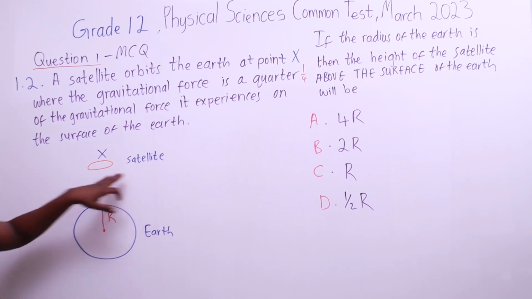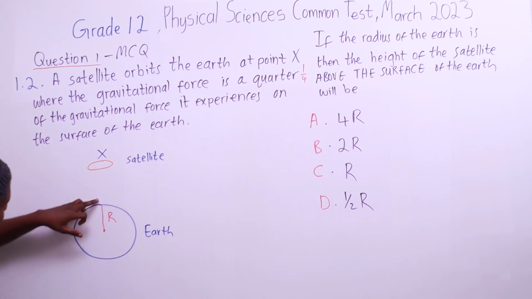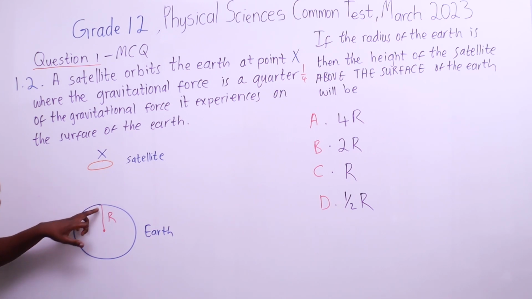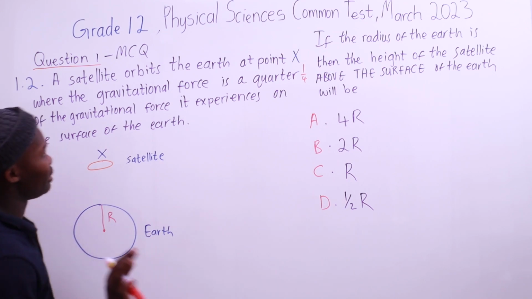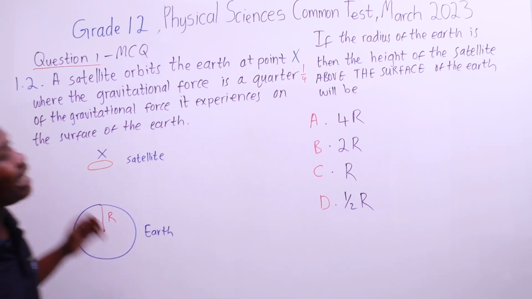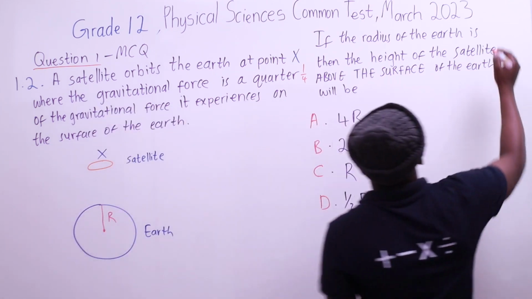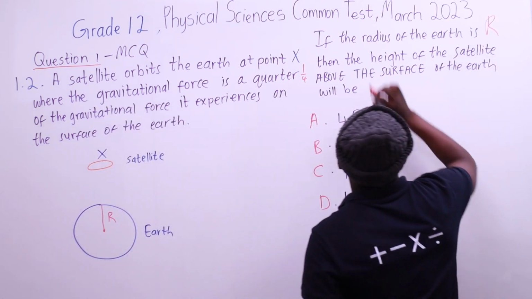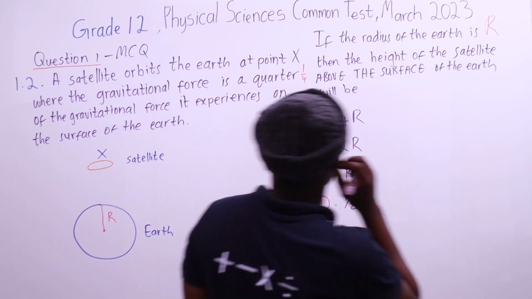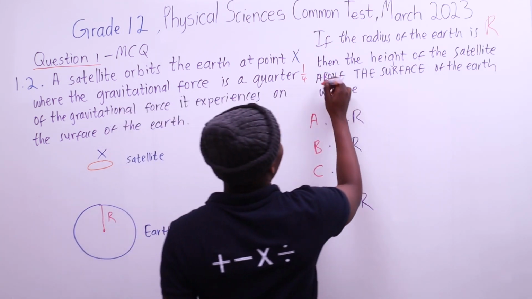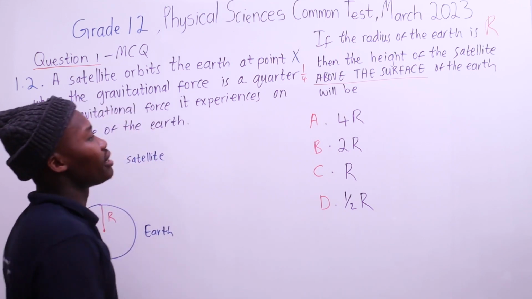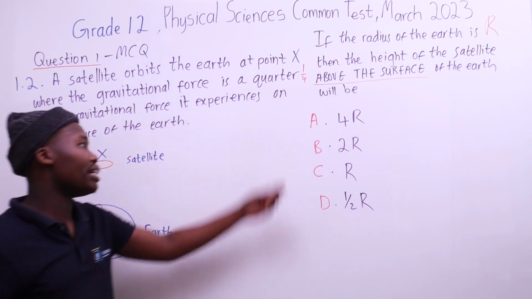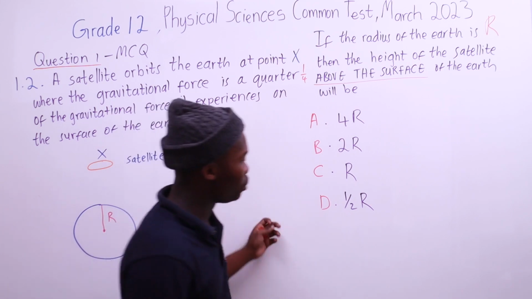So a nice satellite la, at a certain distance above the surface, na radius of the Earth la, the Earth is satellite. If the radius of the Earth is R, then the height of the satellites above, in bold capital letters, above the surface of the Earth will be A, 4R, B, 2R, C, 2R.